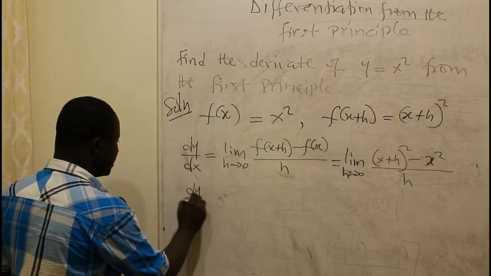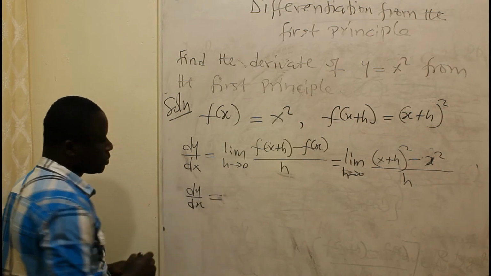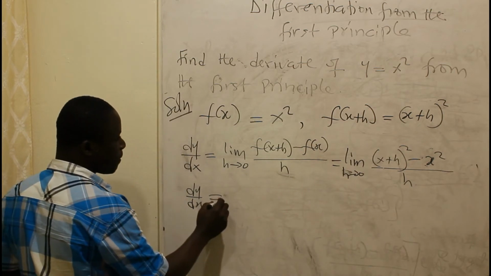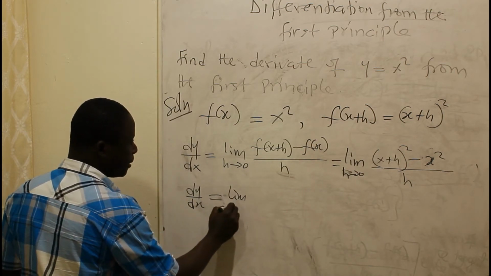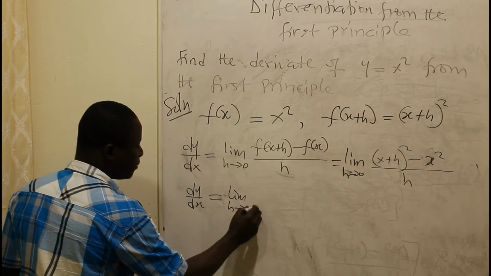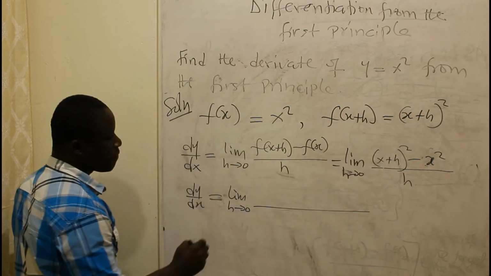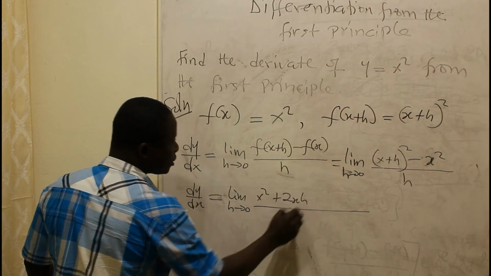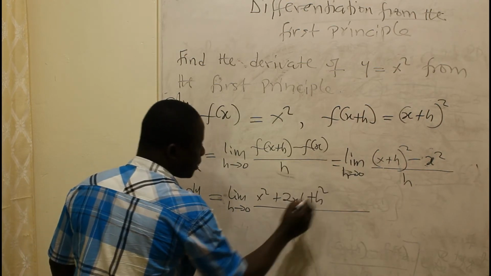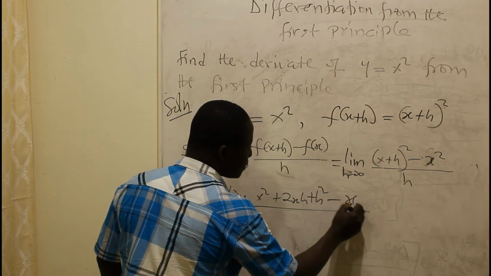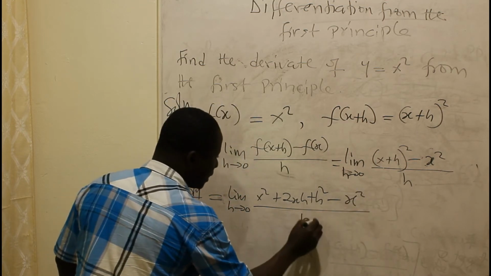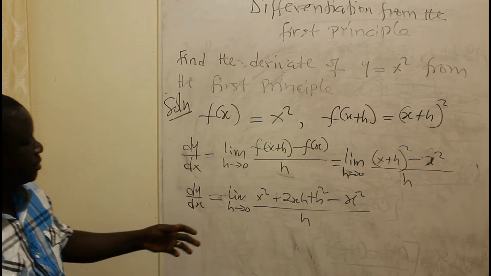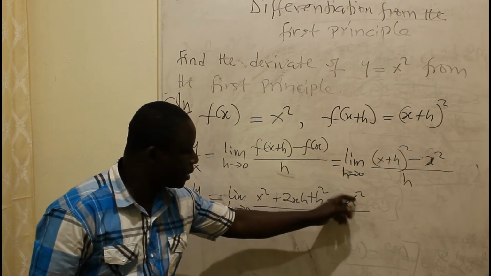So let's expand. Use our algebra. So we have dy dx now equal to, in algebra, let's expand. This is a perfect square. Limit as h approaches 0. So if you expand this perfect square, you have x squared plus 2xh plus h squared minus x squared divided by h. And we can now simplify. x squared will cancel x squared.